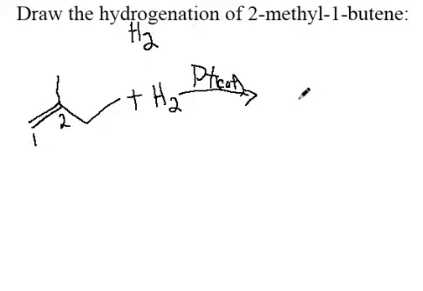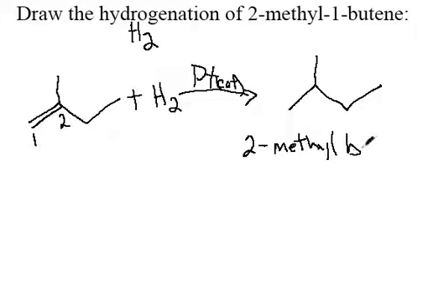So the result will be that our new product still has 4 carbons, so 1, 2, 3, 4. It has our 2-methyl group, and it will be called 2-methylbutane because the double bond is now gone.